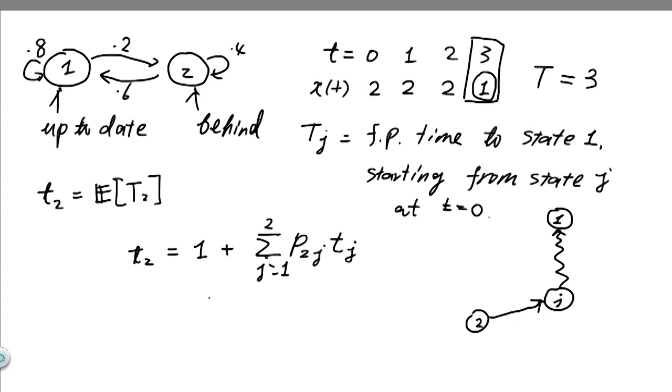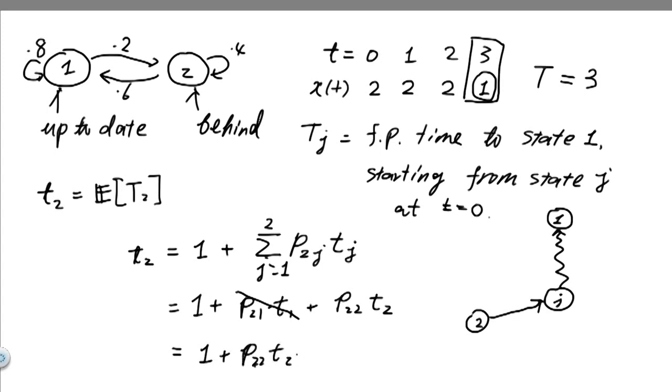By this definition, this is simply 1 plus P21 times T1 plus P22 times T2. Now, the definition of Tj says T1 must be 0 because by definition, if we start from state 1, we are already in state 1. So the time to reach state 1 is simply 0. This term disappears, and we end up with 1 plus P22 T2.